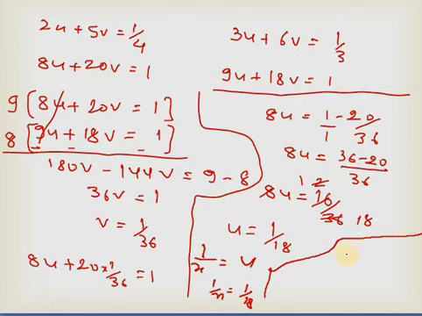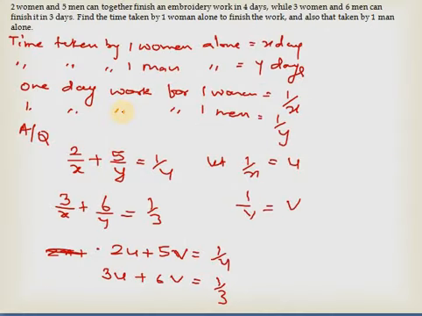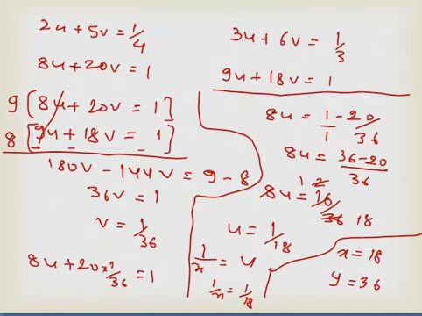Simply, x is equal to 18 and y is equal to 36. So from there, if you go to the previous slide and check, the time taken by 1 woman was 18 days and the time taken by 1 man was 36 days. So this is how we can solve this one.